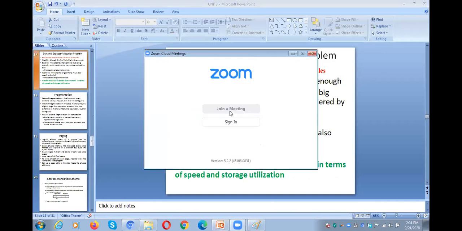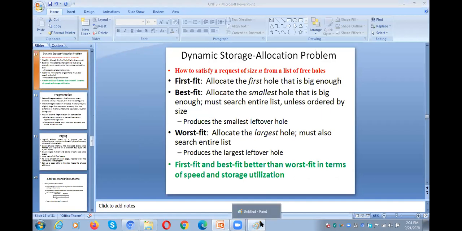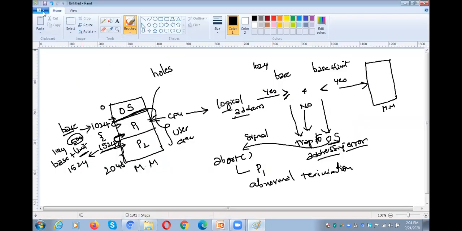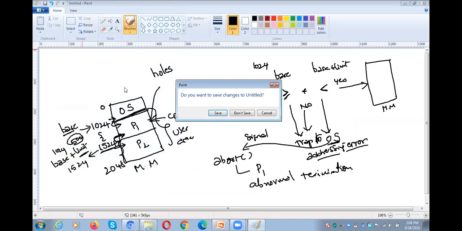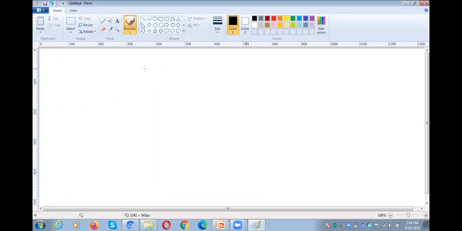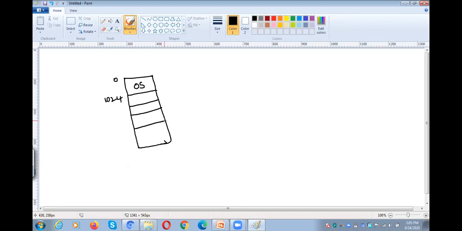Let me explain with an example. This is the main memory. From 0 to maybe 1024 is the operating system, and the remaining user area is divided into multiple partitions.